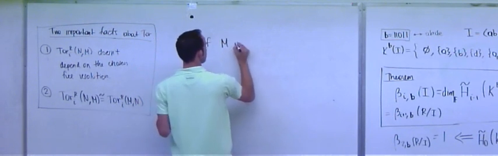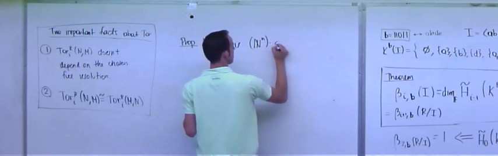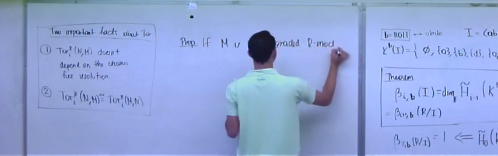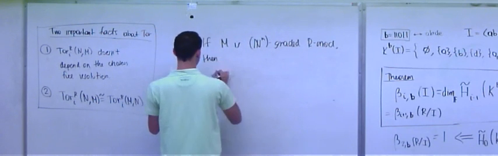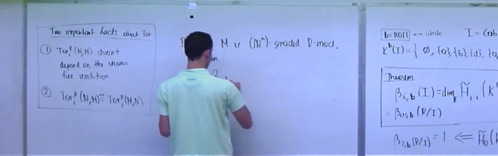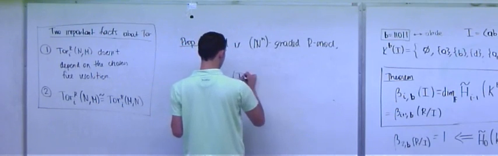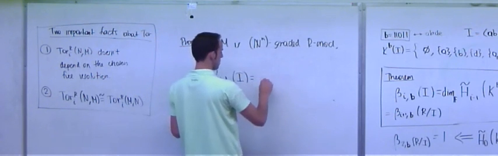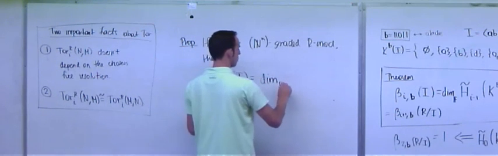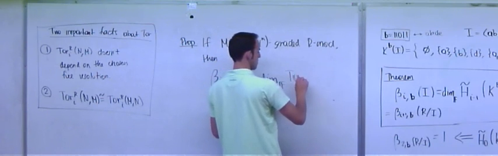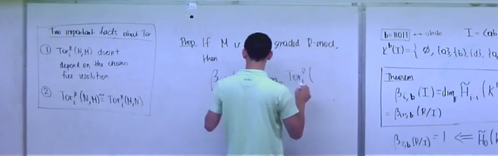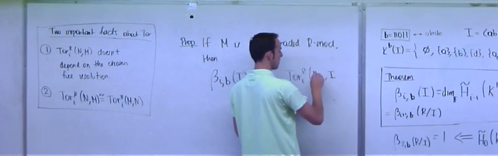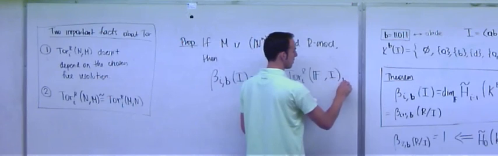So if M is an N^n graded R-module, then the Betti number beta_{i,b} is equal to the dimension of the Tor_i of M when you tensor it by your field and you take the b-graded component.